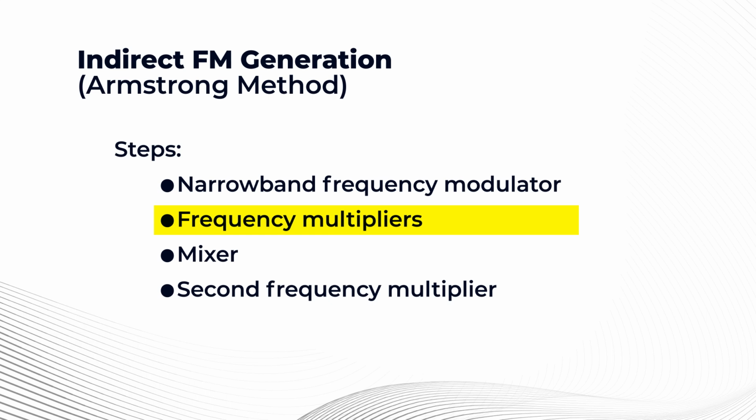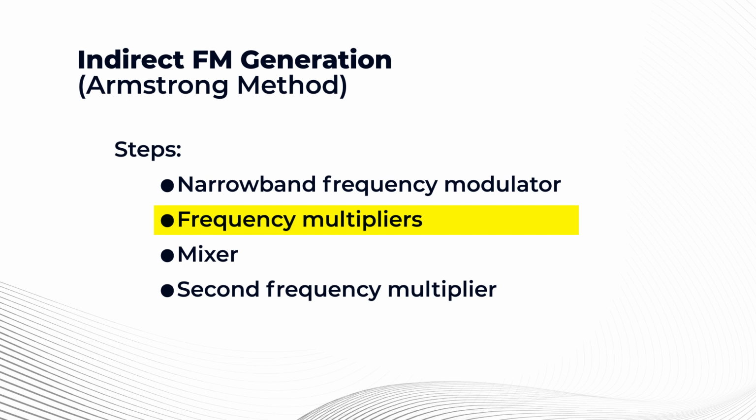If the narrowband FM signal has a frequency deviation of del f, passing it through a frequency multiplier with a multiplication factor of n will result in a frequency deviation of n times del f. This step effectively converts the narrowband FM into a wideband FM, which has a larger frequency deviation and better fidelity.